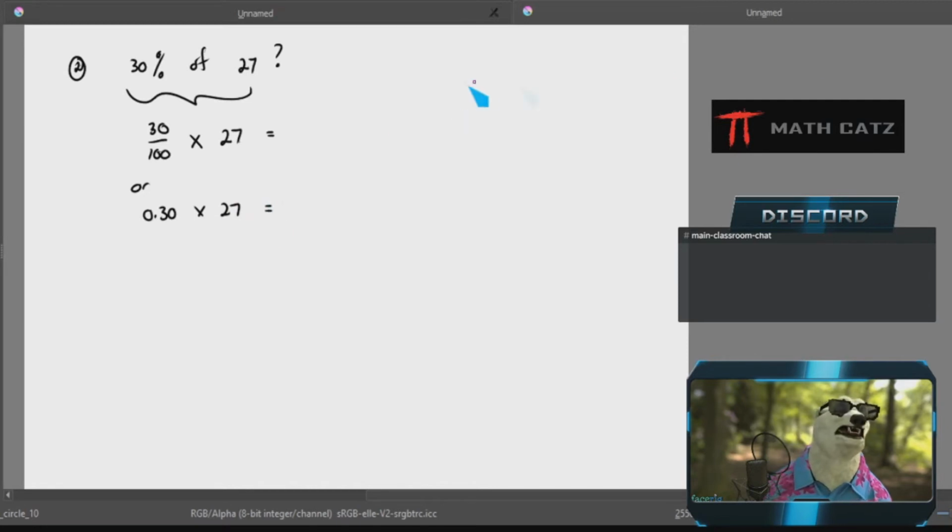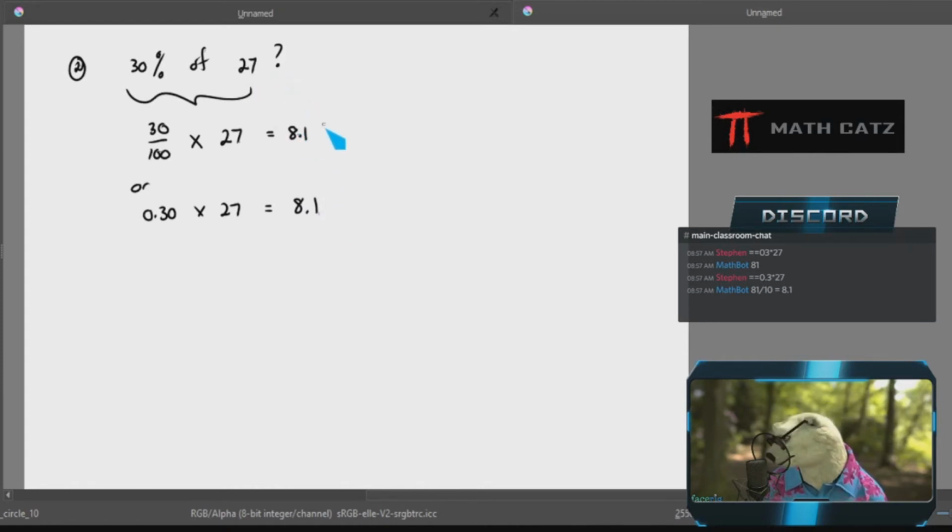Let's do the decimal version here for the calculator. 0.3 times 27. Of course, these are exactly the same. 8.1 pieces is what I get.